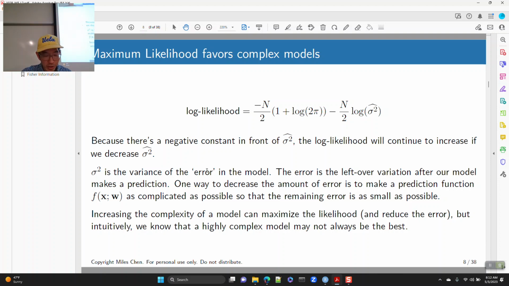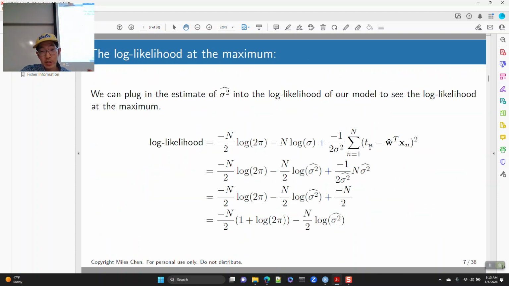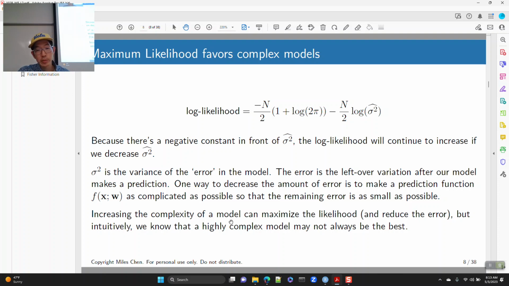It's how much is left over between the actual value and our prediction, W transpose X. So one way to decrease it is to keep tweaking that prediction, W transpose X_n, to keep making it as complicated as possible so that you get less and less of a difference between t_n and W transpose X_n. If we keep shrinking this, then our log likelihood is going to keep going up.